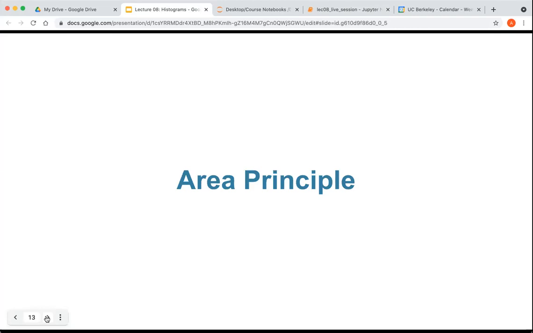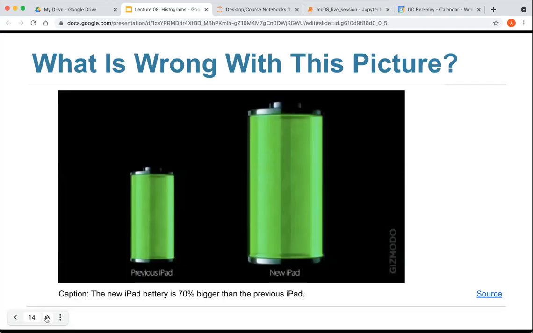And for this, the example that is really quite revealing was provided by a website called Flowing Data that discusses data science in general. And this was a graphic that was in the magazine called Gizmodo.